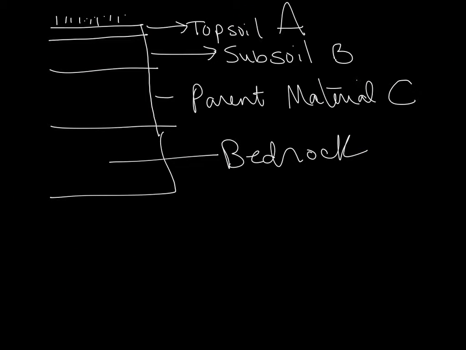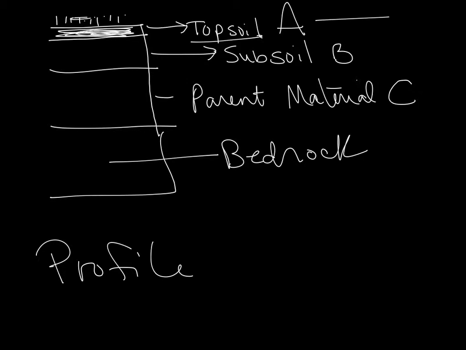If you've ever looked at the soil profile, you would see that the very top layer is where plants are going to grow. Those are my plants up there. That would be your topsoil, also known as the A horizon. Then the next part would be your subsoil, the B horizon.